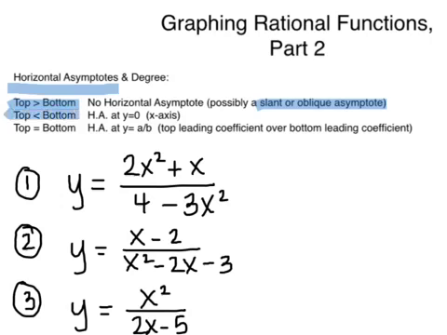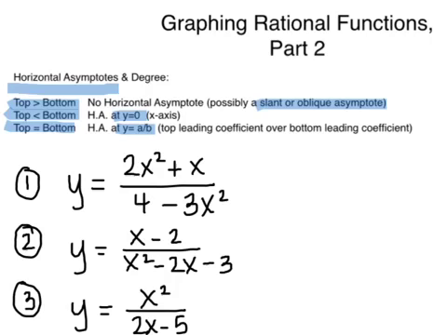Then if the top degree is less than the bottom degree, and we're talking about degree here, not the coefficients, but the degree on the x, you will have a horizontal asymptote at y equals 0, which happens to be the x-axis. Then if the top degree equals the bottom degree, you'll have a horizontal asymptote at y equals a over b, a being the top leading coefficient and b being the bottom leading coefficient.